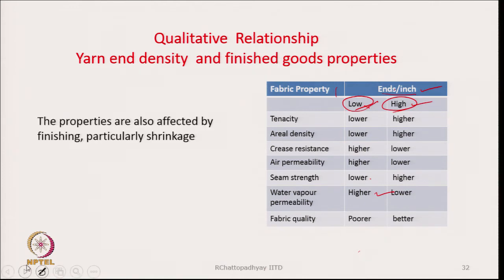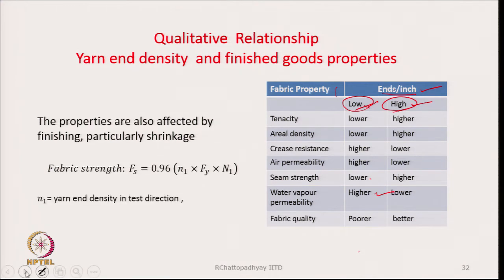The properties are also affected by finishing, and particularly the shrinkage process if it is made from cotton fabrics. And as you know, we have already seen a quantitative relationship, which we have stated here.